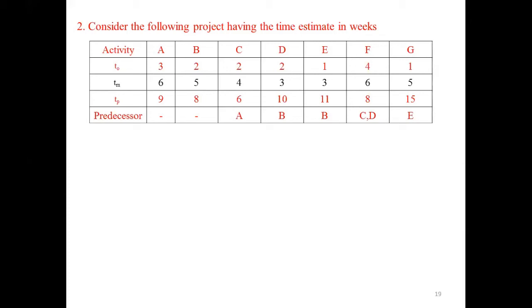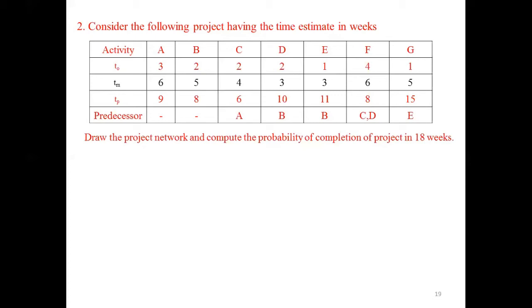Then next, they've given: draw the project network and compute the probability of completion of project in 18 weeks. They've given predecessors. That means to start the next activity, the previous activity must be completed.